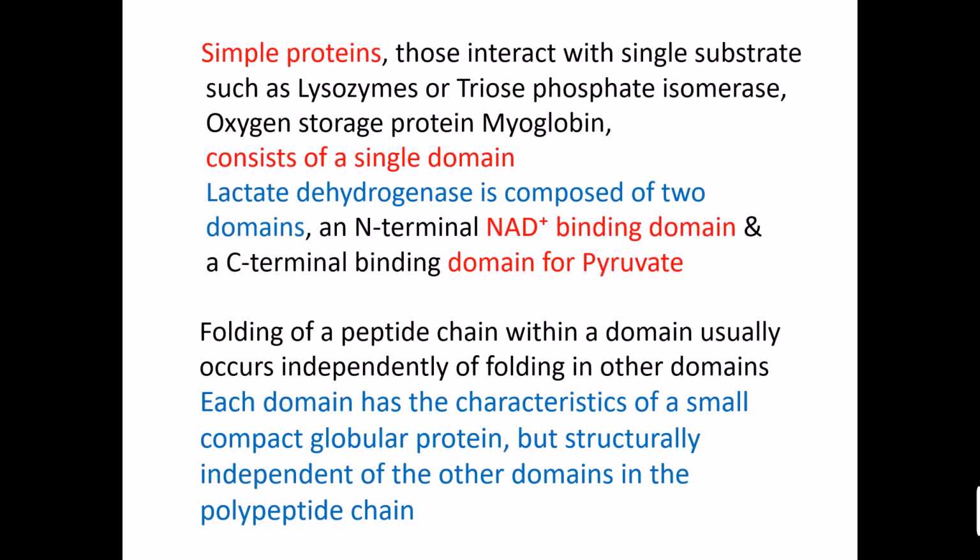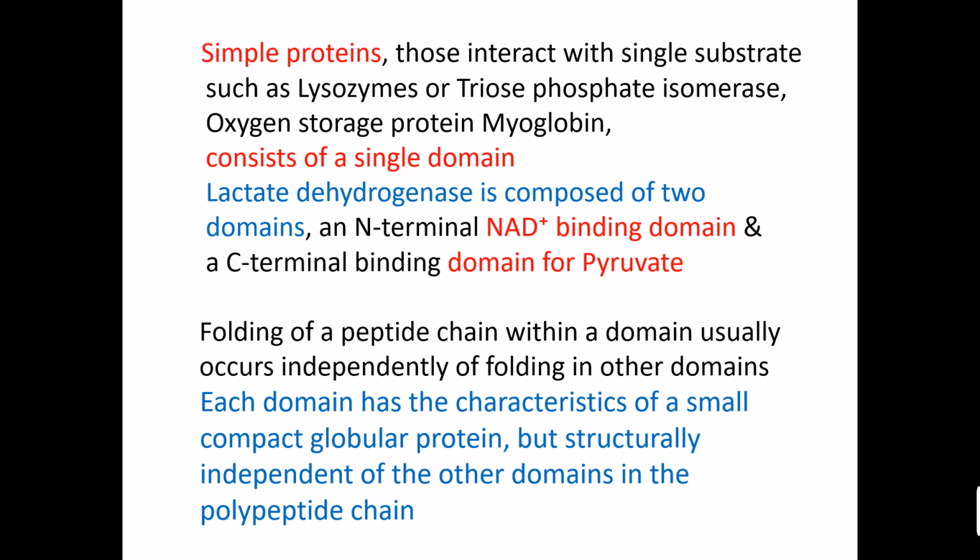Simple proteins are having only a single domain, but large proteins are having multiple domains. Lysozyme, triose phosphate isomerase or myoglobin have only one domain, but lactate dehydrogenase is composed of two domains, that is N-terminal and C-terminal domains.